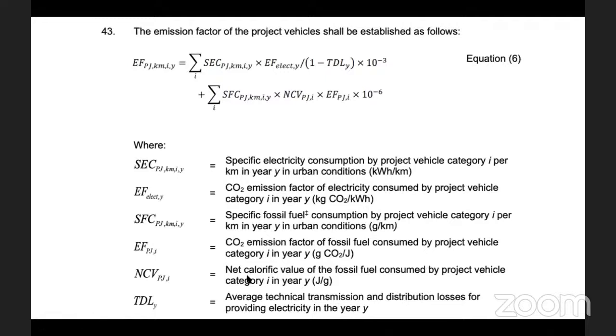EF is the CO2 emission factor of the fossil fuel consumed by project vehicle category, in CO2 per joule. NCV is the net calorific value of the fossil fuel consumed by project vehicle category, in joules per gram. These are multiplied together as the series of steps to obtain CO2. TDL is the average technical transmission and distribution losses for providing electricity in a year.